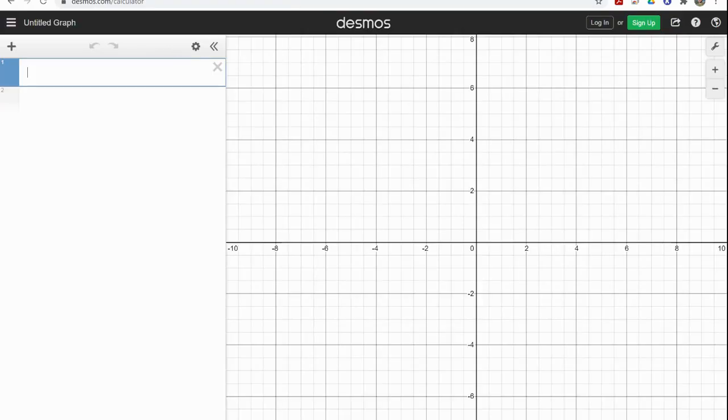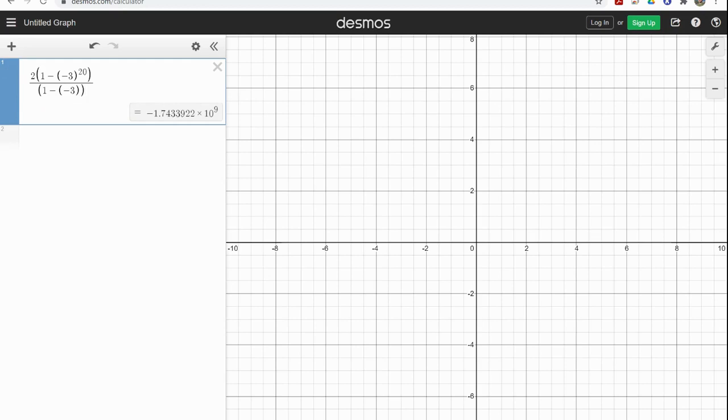So this would look like 2 parentheses 1 minus -3 raised to the 20th divided by 1 minus -3. And I get a very large number.